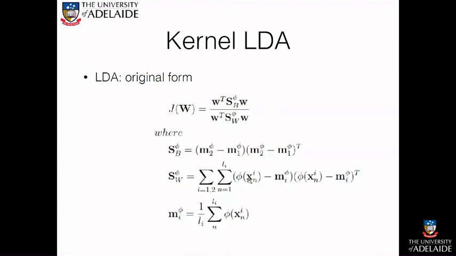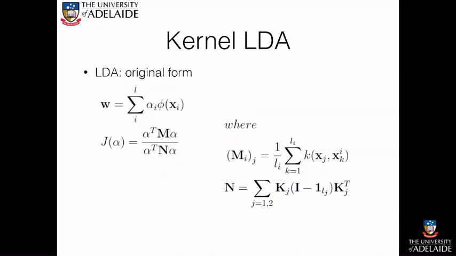And once we replace each data point x with the transformed version phi(xi), then we get the nonlinear kernel LDA, and then all we need to do is to make the objective function only depend on the inner product. Okay, so this is pretty much the same as PCA. Right?